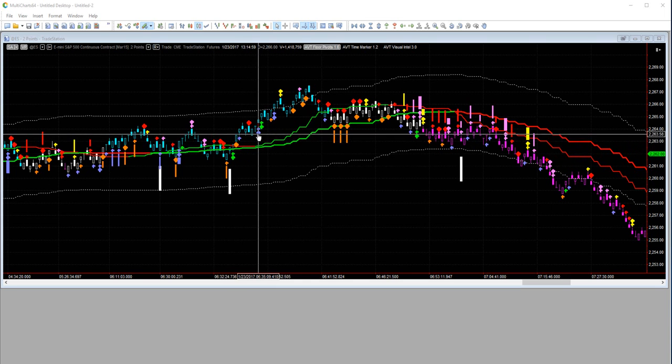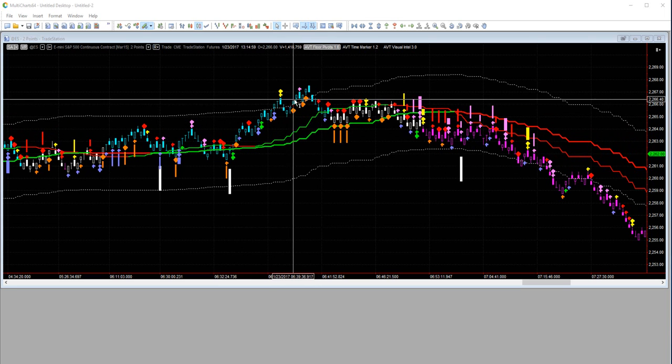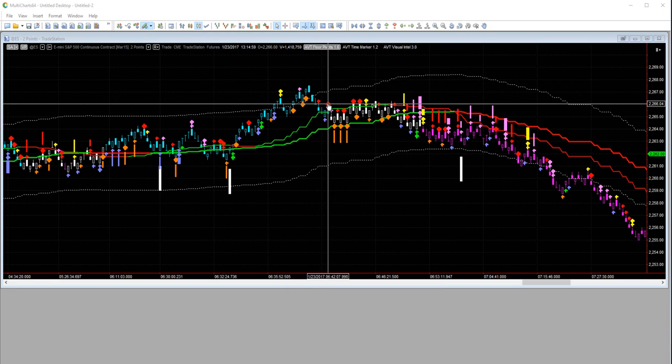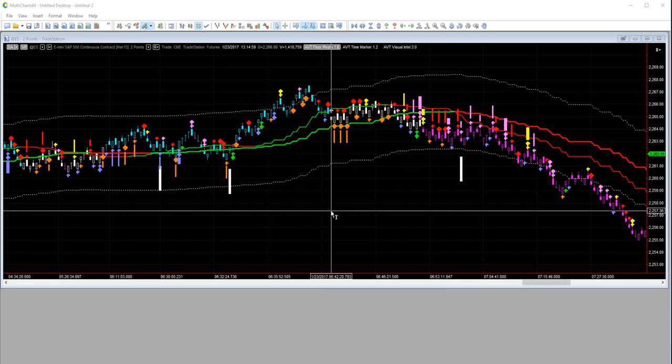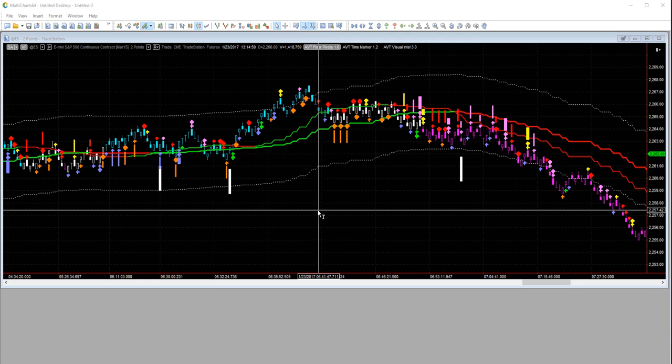see different colors of markers, right? And then sometimes you will see them on top of the bars. You won't see them both on top and the bottom, so they will either be on the bottom of the candles or on top of the candles. If they are on the bottom of the candle, that is an indication of buying volume of some degree.